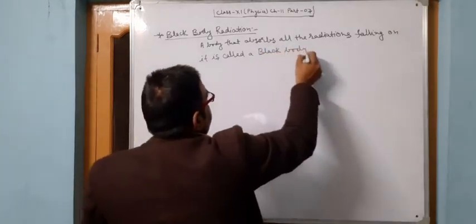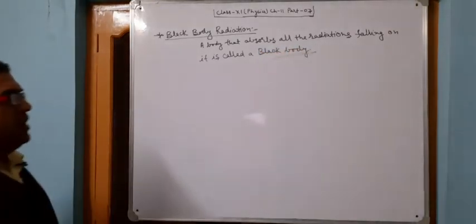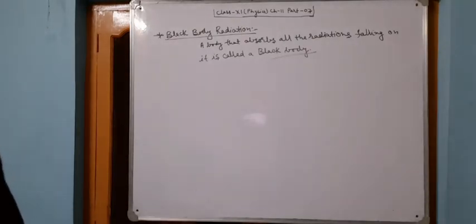All the radiations falling on it, that body is called as the black body. It emits the radiations at the fastest rate.